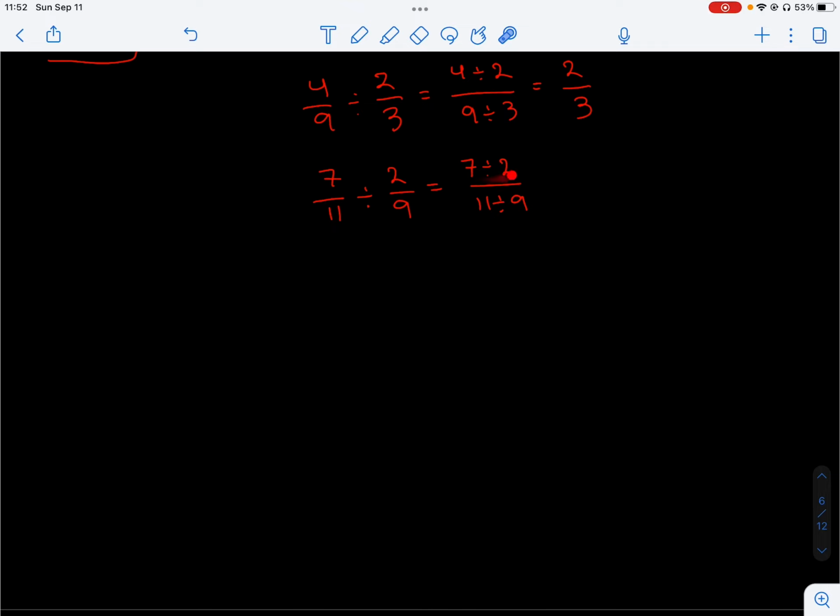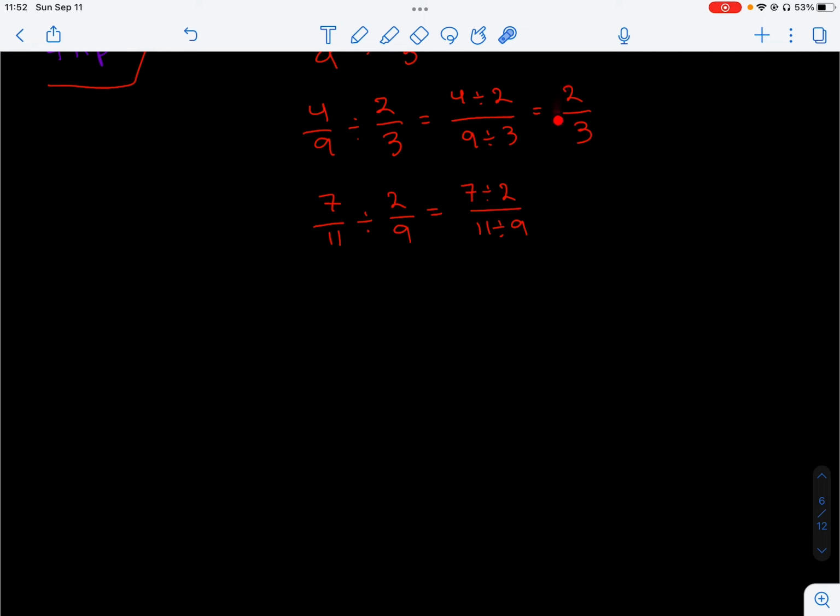The top one, 7 over 2 is 3.5, which is fine, but 11 divided by 9 is a little bit harder to keep track of, and it's going to be more difficult to see how those numbers will turn into 2/3. But let's go ahead and continue anyways.